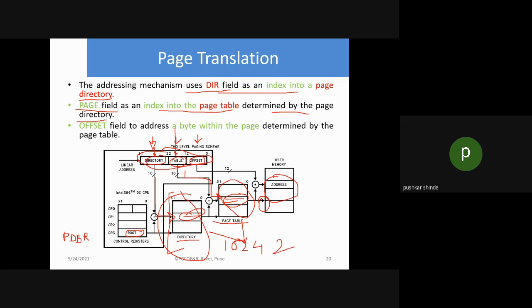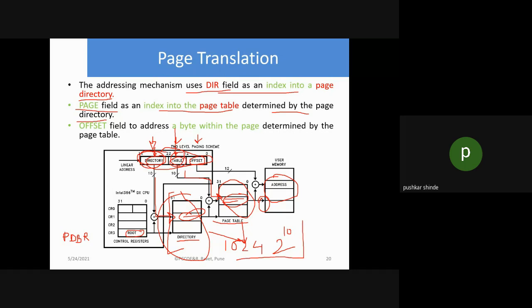1024 is 2 raised to 10. So that's why the dir field, or the directory field, is of 10 bits. You can have an index from the 10 bits of the dir field. The page field or the table field in the linear address is also of 10 bits, because 2 raised to 10 is 1024.